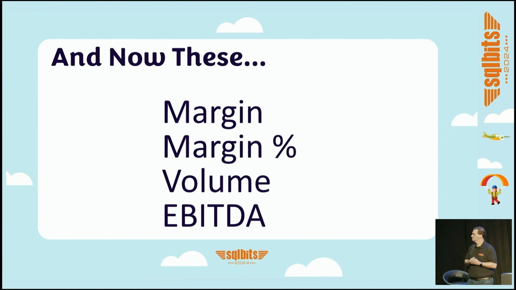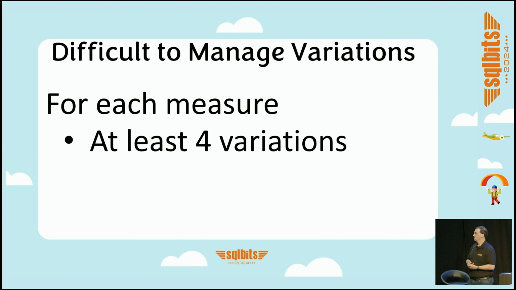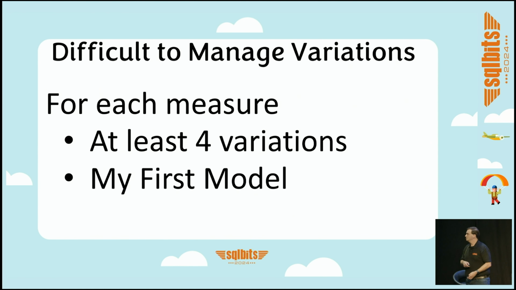Part of the problem is it's difficult to manage these variations. Your model now has a list of measures that you have to search through to find the measure, and then change whatever you need to change in that measure. We're talking at least 4 variations, if not more.